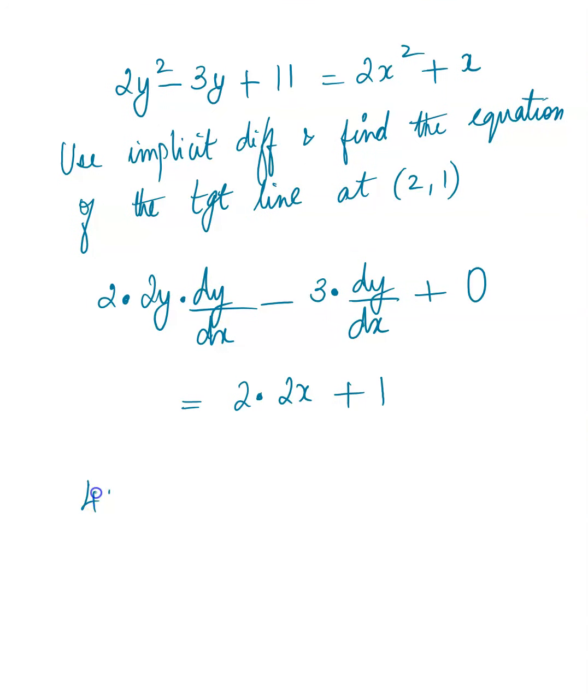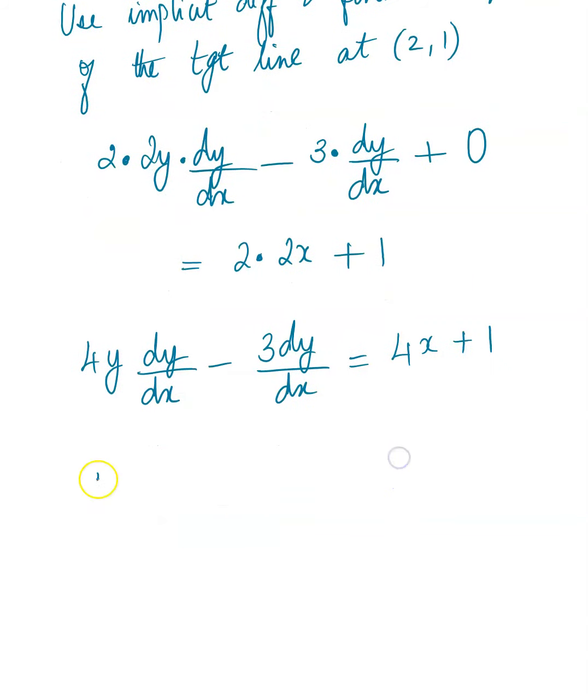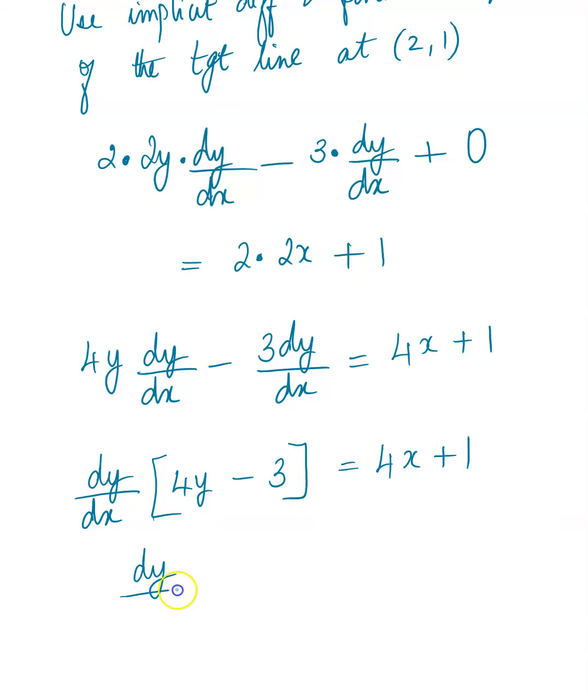And so that's going to be 4y dy over dx minus 3 dy over dx equals 4x plus 1. Pull out the dy over dx. And then one more step, divide both sides by 4y minus 3. That gives us dy over dx equals 4x plus 1 over 4y minus 3.